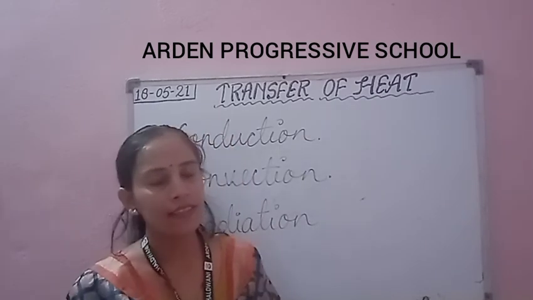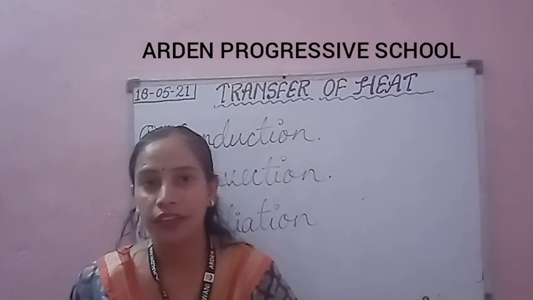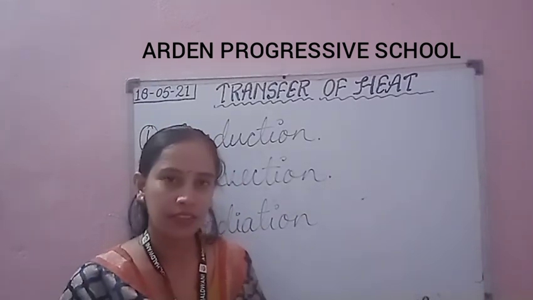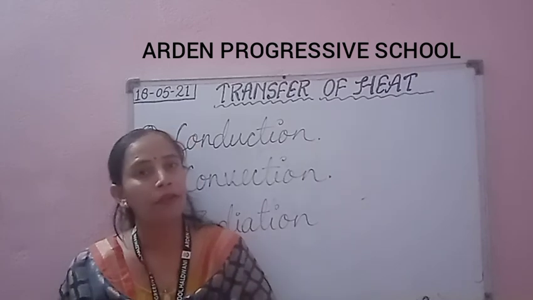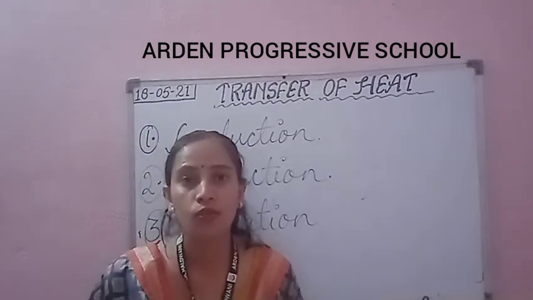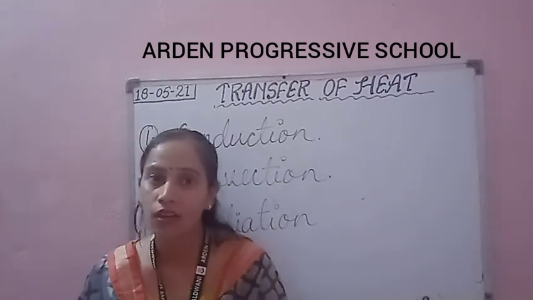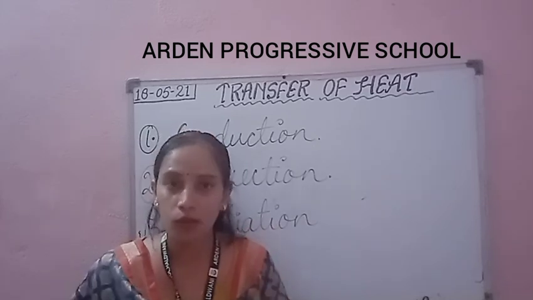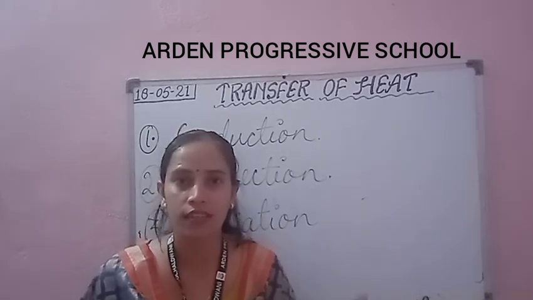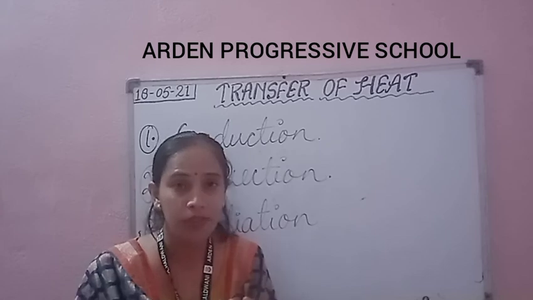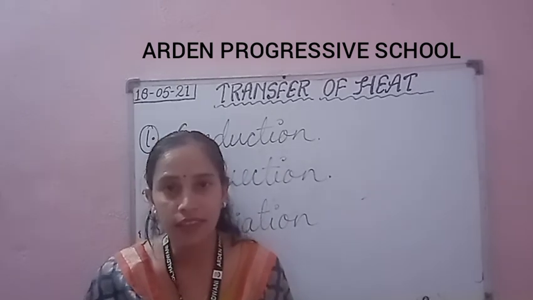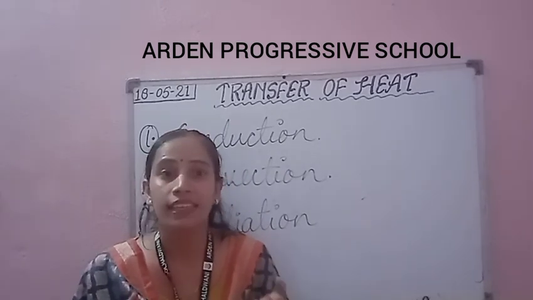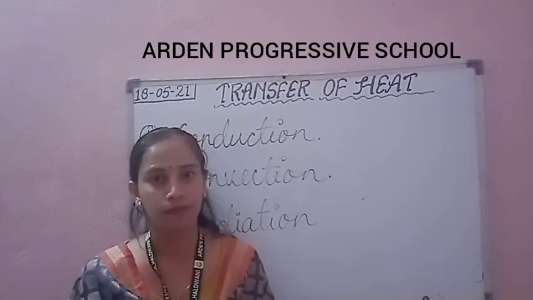So students, next is the kinds of clothes we wear in summer and winter. We usually prefer to wear warm clothes during the winter season because after wearing warm clothes such as jacket, sweater, scarf, mufflers, gloves, we feel hotness. They provide heat to our body.